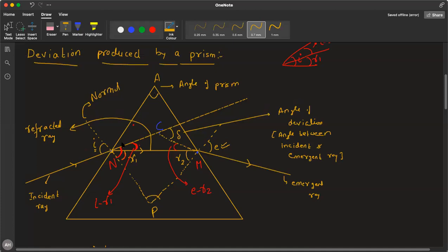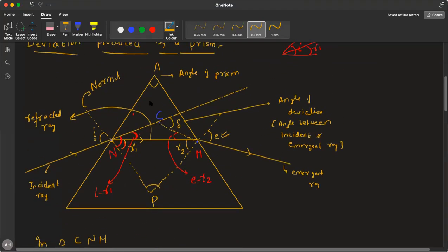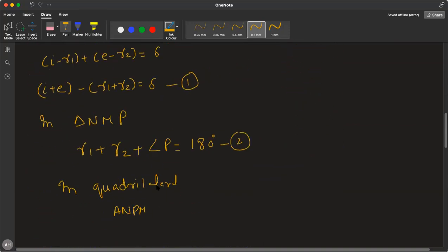And in quadrilateral ANPM, how much is the sum of opposite angles of a quadrilateral? Not 360, it's 180. 360 is the sum of all four angles. The sum of two opposite angles is 180.